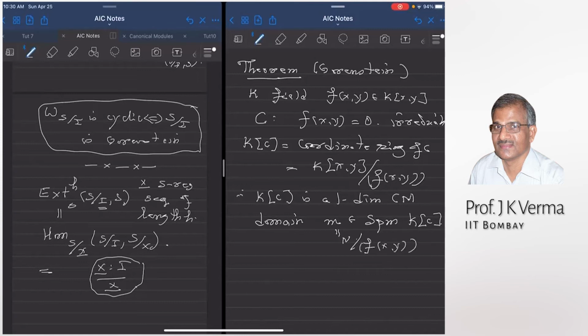And so the local ring of C at the point represented by M is simply the localization at N of this ring.